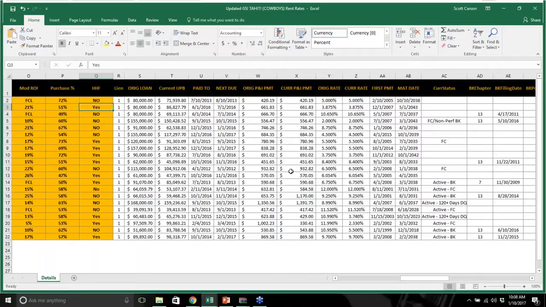You'll see on some of these they are different. Like this one down here, $635 is the original, and then they're making a much larger payment, almost a double payment, to get caught up. Original rate, their current interest rate. The first payment, when that loan was originated, when their first payment was due, when the loan matures.